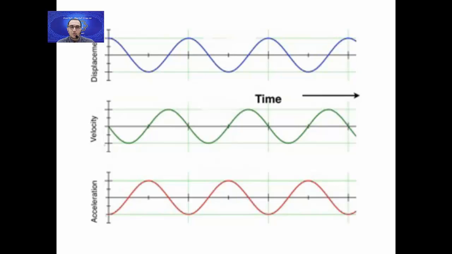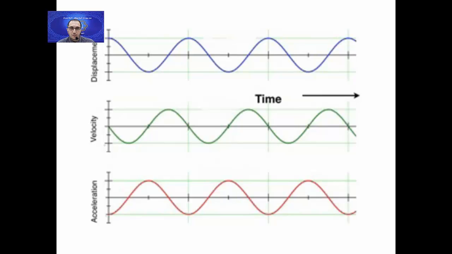Also, we have here the second case for motion, where the object starts from maximum displacement. When the object starts from maximum displacement, the relation between displacement and time starts from the amplitude, the maximum displacement.